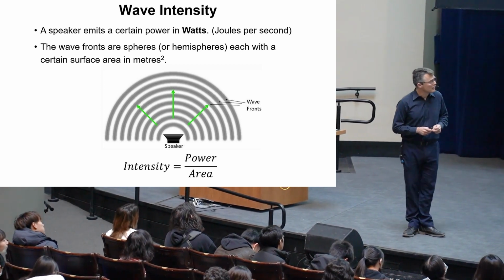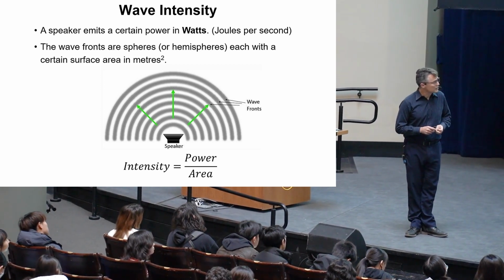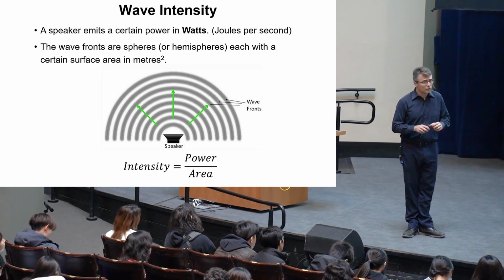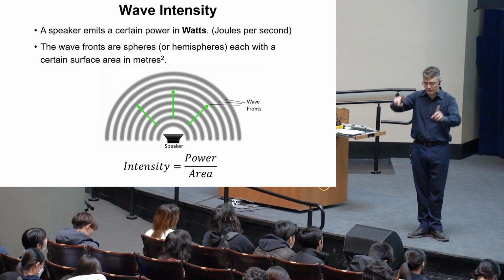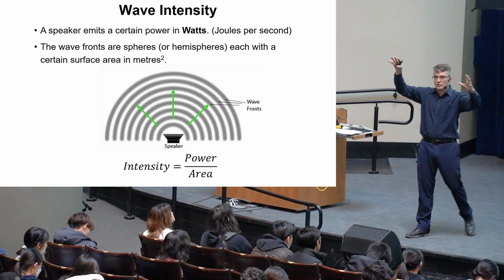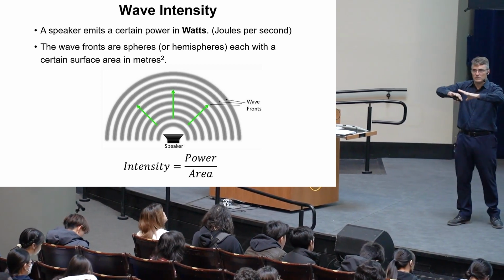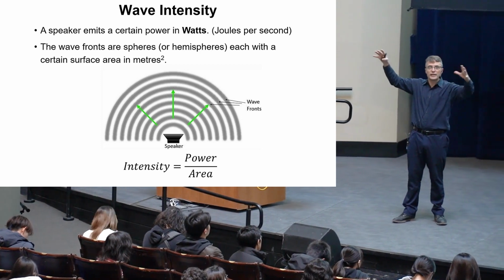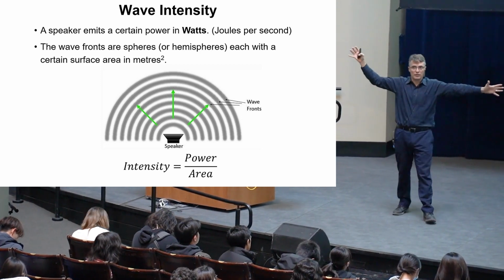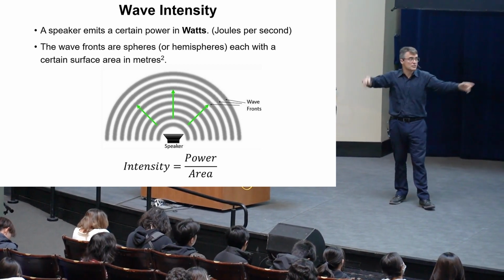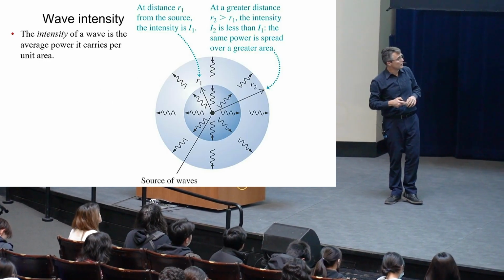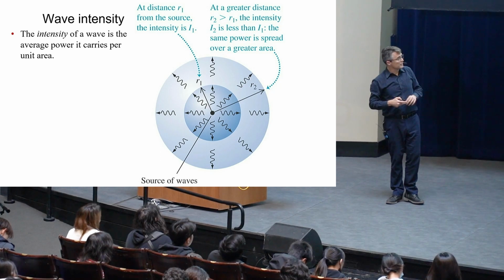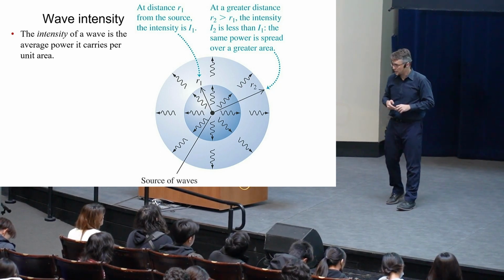So a speaker has some power, and then the wave fronts. If you think of this wave as traveling out in every direction, you can imagine that energy per second is spreading out over larger and larger surface area of these hemispherical wave fronts. So this is the concept of wave intensity, the power divided by the area.